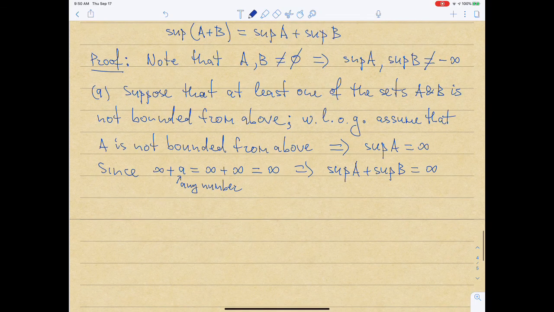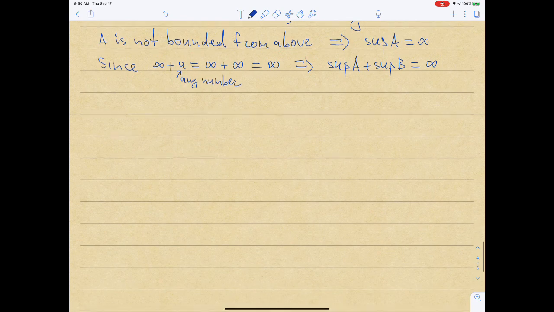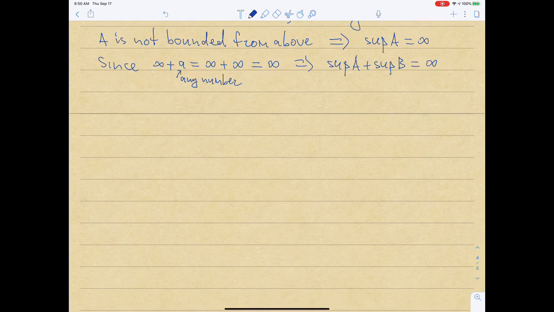Okay, so let's now look at the supremum of A plus B. So what I'm going to do now is choose any b in B, right? And I can choose at least one element in B because B is not empty.